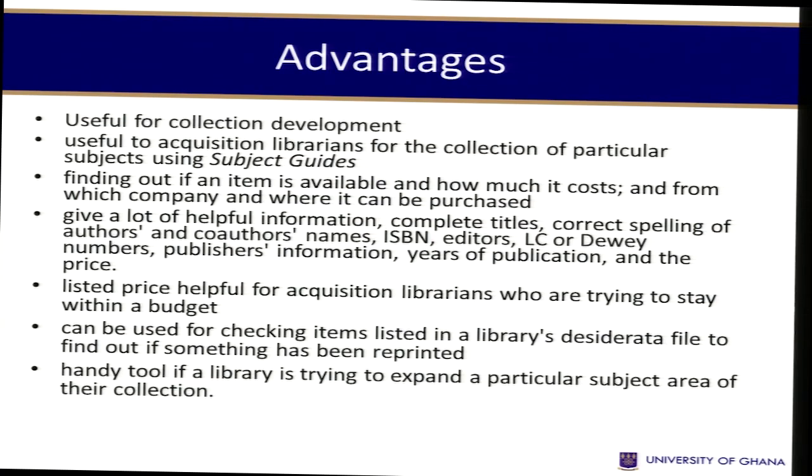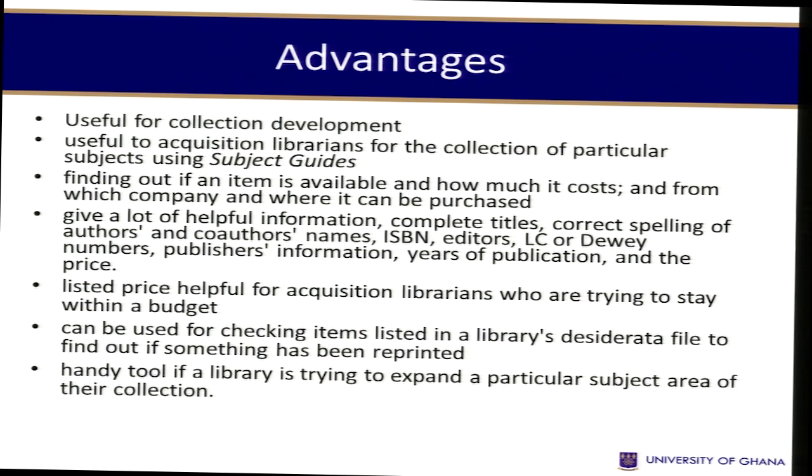They are also useful to find out if an item is available and how much it costs. And they give you a lot of information, such as the title, the correct spelling of the author's name or co-author's name. It gives you information of the ISBN, which is the International Standard Book Number.